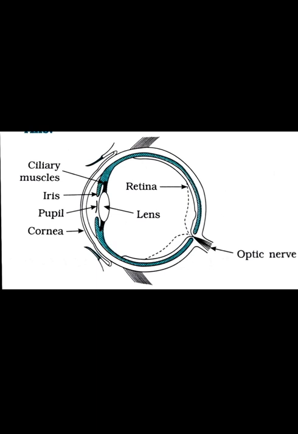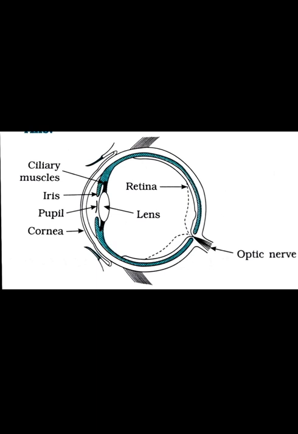And the color of the eye is due to the iris. So, the iris is that part of the eye which gives its distinctive color. For example, sometimes we can see a person with green eyes, and that is actually the color of the iris. And the iris controls the amount of light entering the eye.